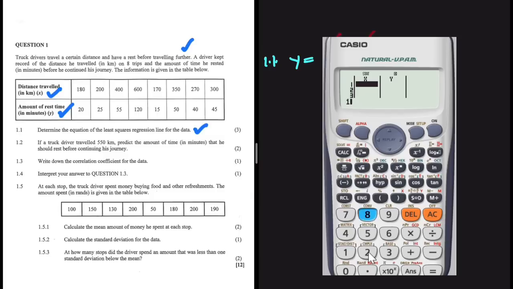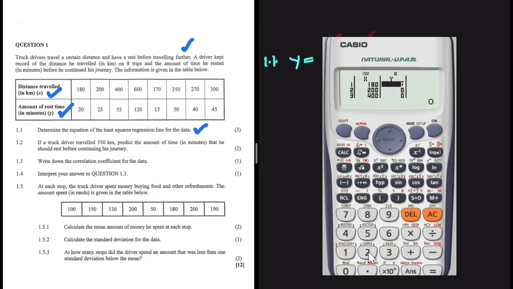We have 180 followed by 200, 400, 600, 170, 350, 270, and 300. Okay, after doing that, we want to punch in the y values next to the corresponding x value.